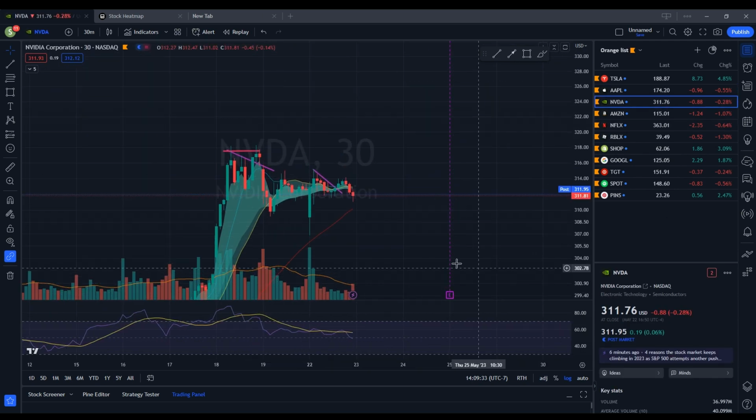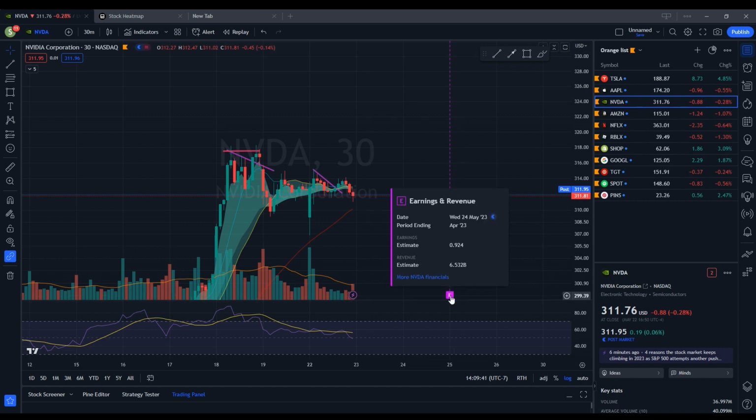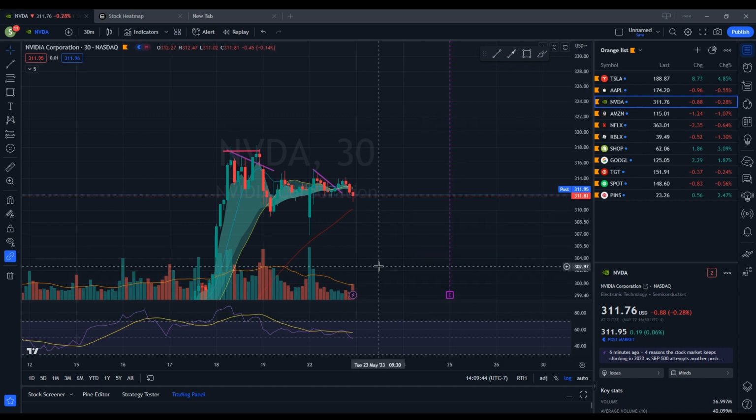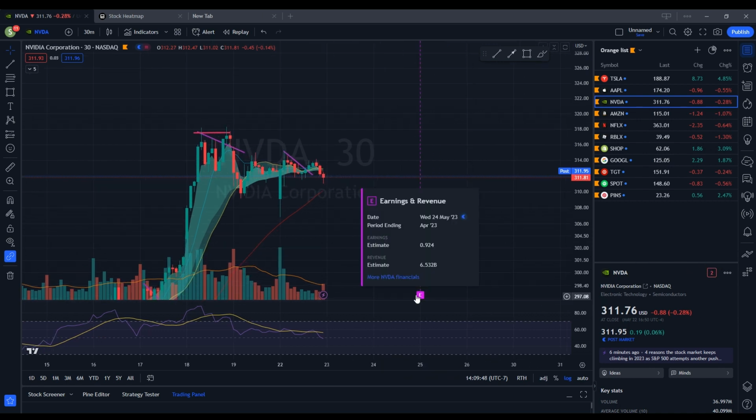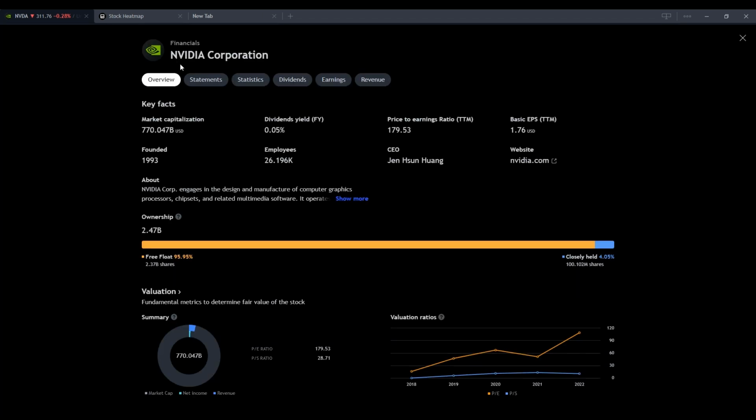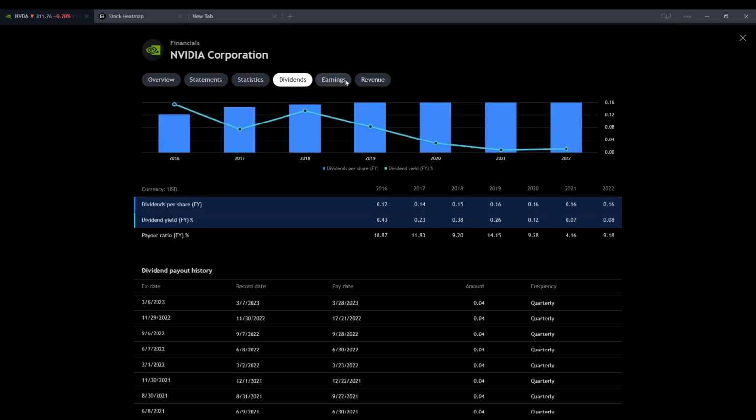NVIDIA, the only reason I have this on my watch list is to indicate that there's earnings in 2 days. The prices for options are extremely juiced, so I will not be playing it until post earnings. This right here, I just wanted to show you guys quickly, to look at the earnings. You could click here and shuffle through whatever you want.